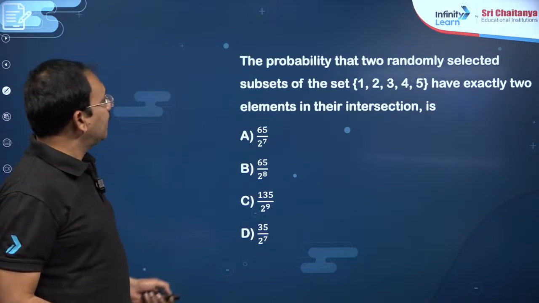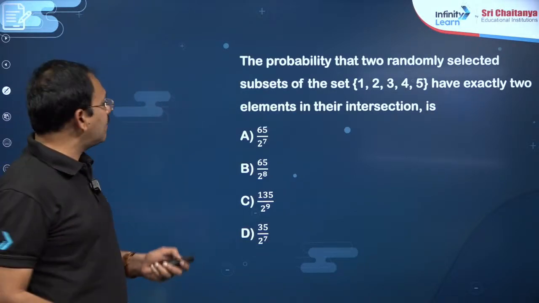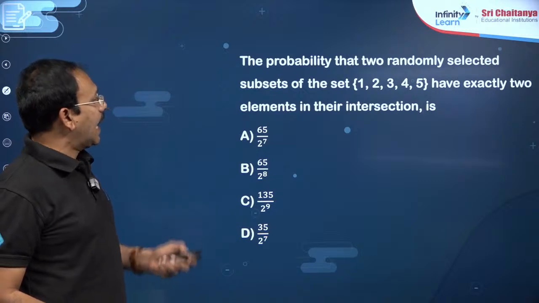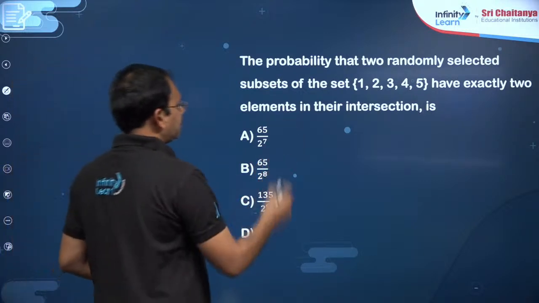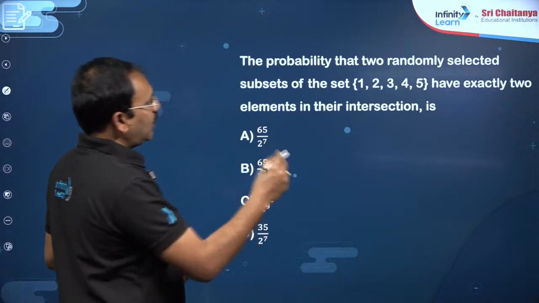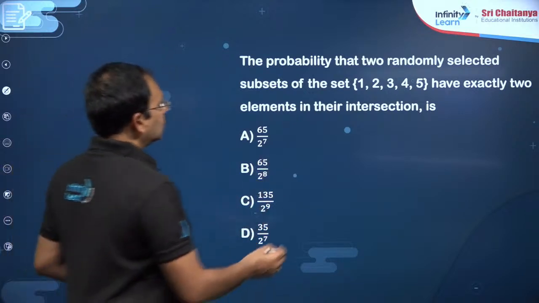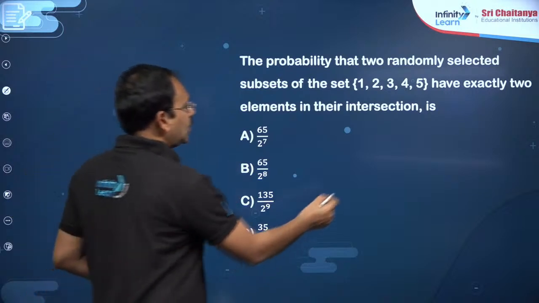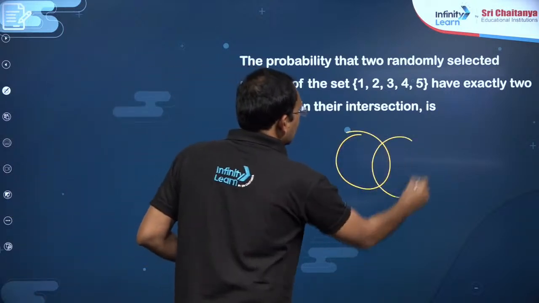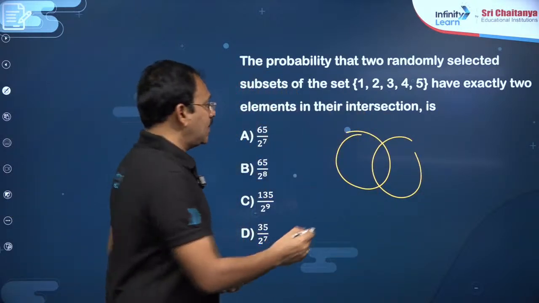Then next you see this: the probability that 2 randomly selected subsets of the set have exactly 2 elements in their intersection. You see here, 1 2 3 4 5, 5 elements are there. So 2 randomly selected subsets of the set. Actually if you take 2 subsets of this, every element has possibilities.